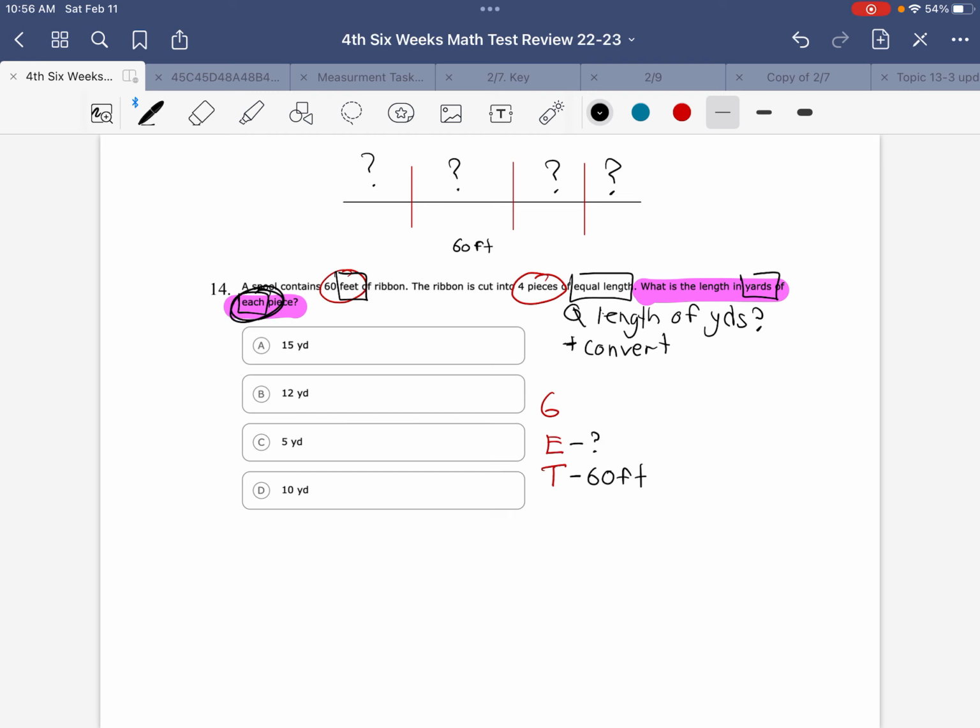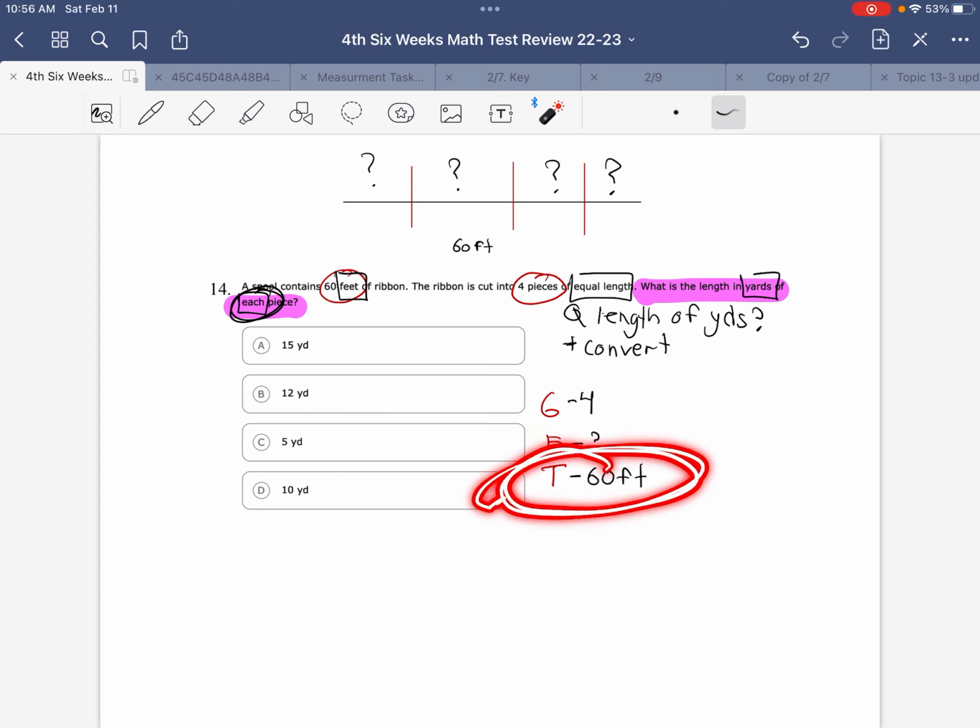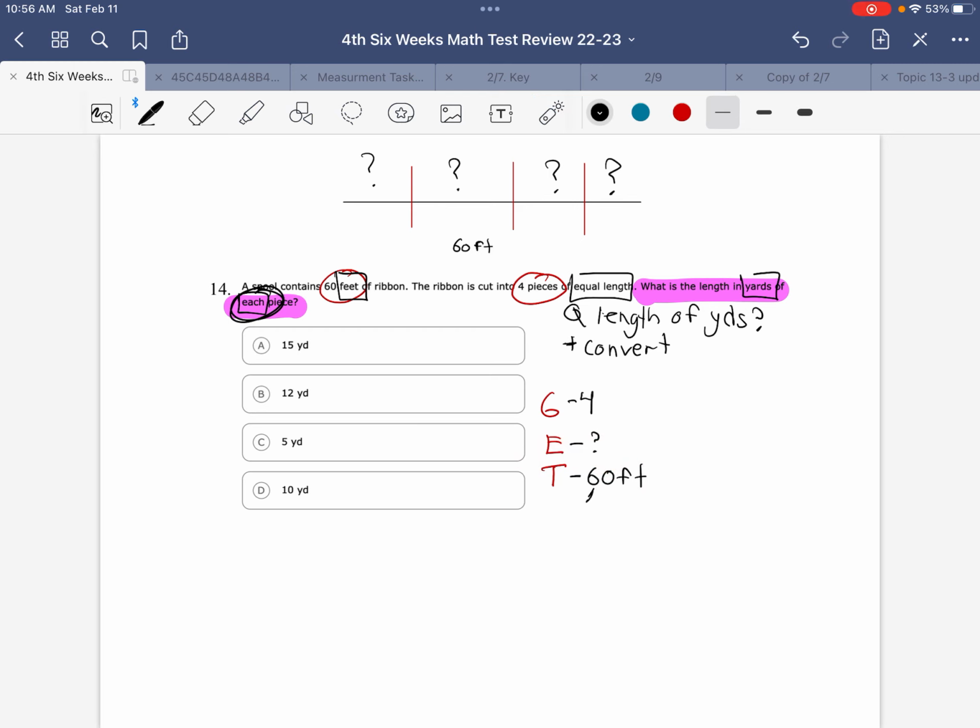My groups will be my 4. Okay, so if you remember, I always say, if you know your total, you are going to divide. So if I know my total, I'm going to divide. Okay, so I'm going to divide 60 feet by 4. That's my first step. So 60 divided by 4.